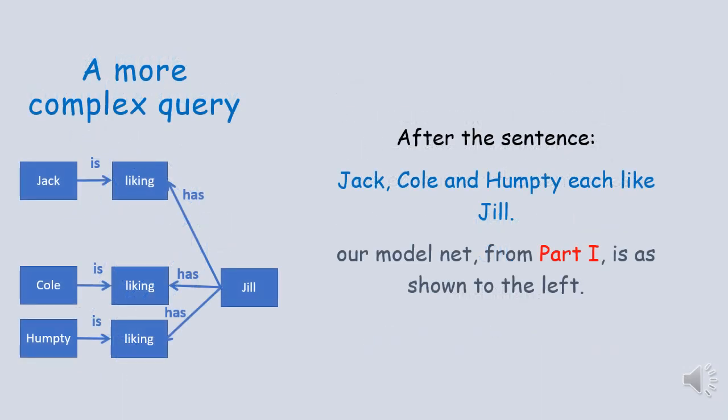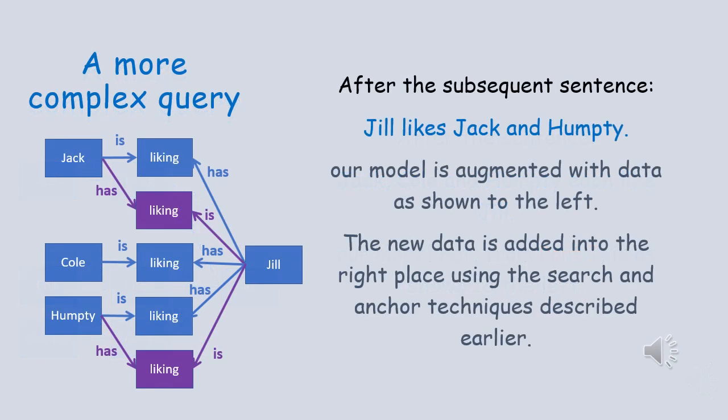After the sentence "Jack, Cole and Humpty each like Jill", our model net from part 1 is as shown in the figure to the left. After the subsequent sentence, "Jill likes Jack and Humpty", our model is augmented with data as shown to the left. The new data is added into the right place using the search and anchor techniques described earlier.